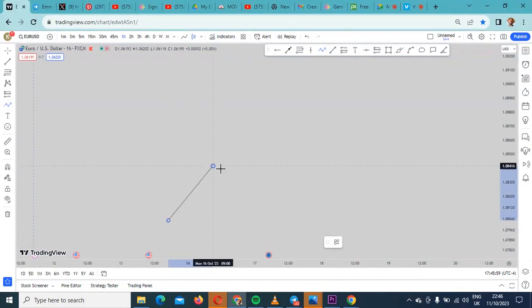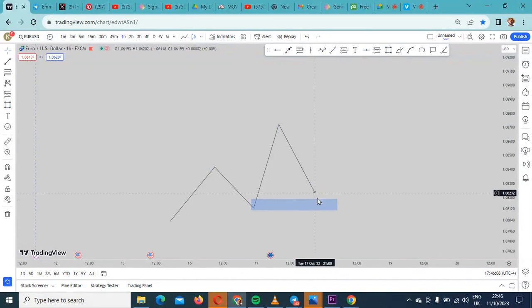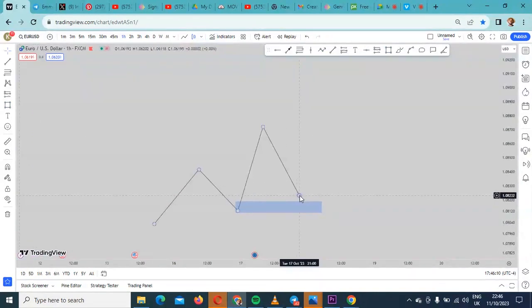Now, imagine this. I want to show you right now. If you bring two traders to explain what happened here, one of them will surely say price dropped to this level and went up, dropped to this other block and went up.